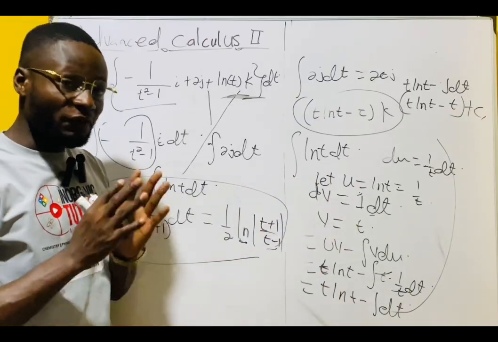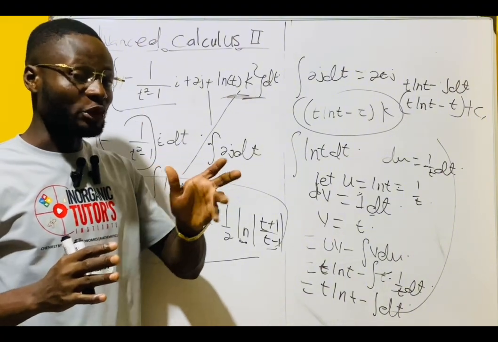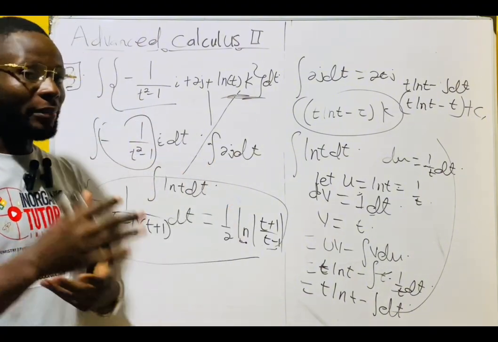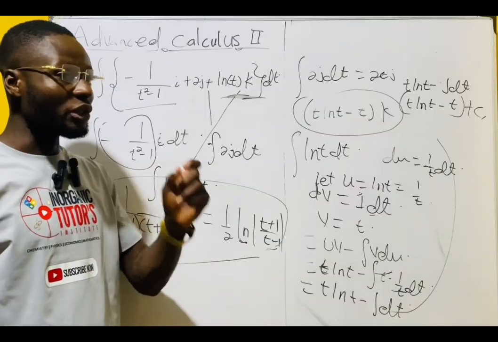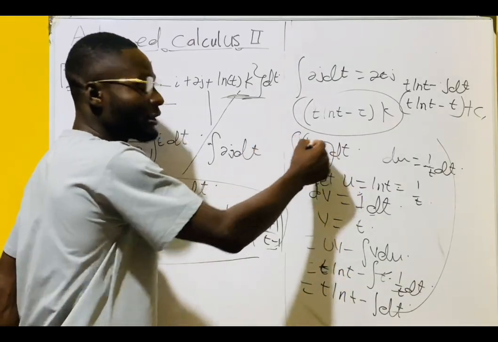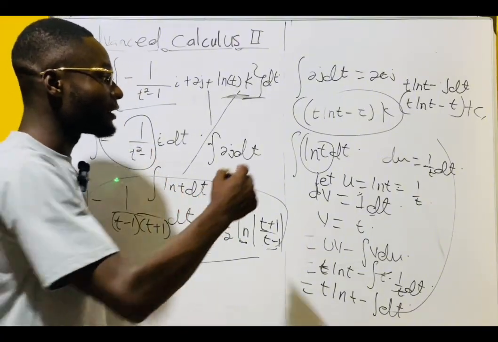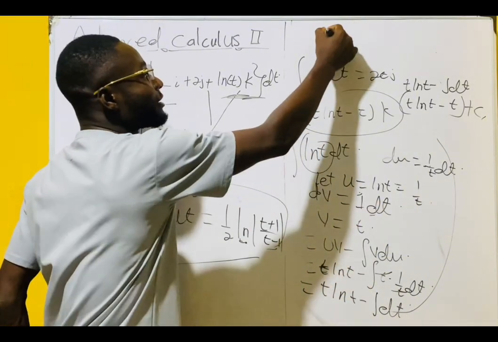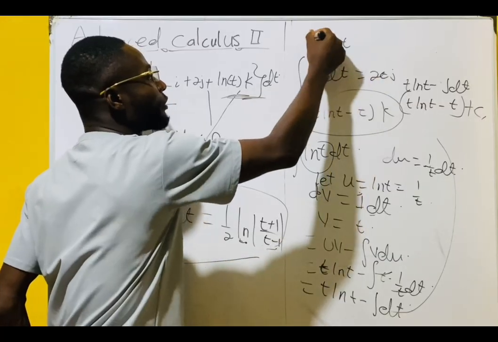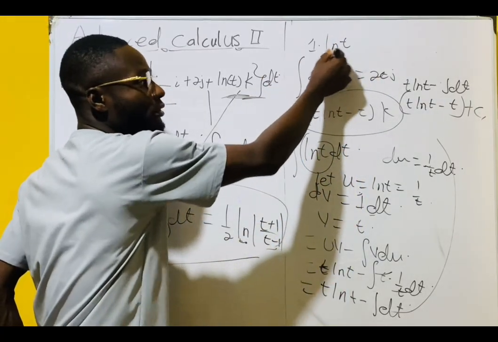All right, don't forget, ln t cannot just be integrated merely like that. You have to use integration by parts, right? So we let the ln function be equal to the differentiated function. Then don't forget, this here is multiplied by 1.